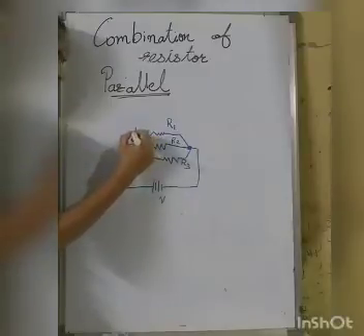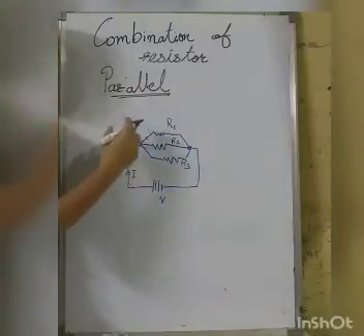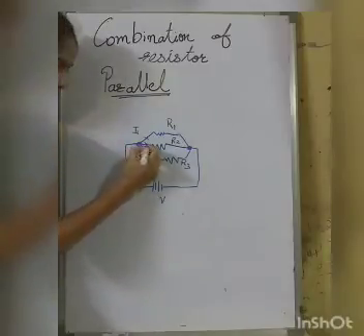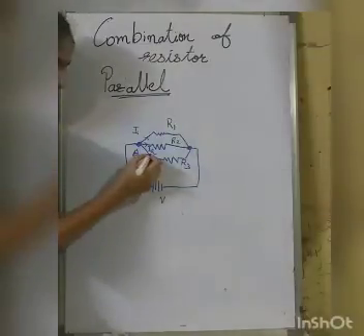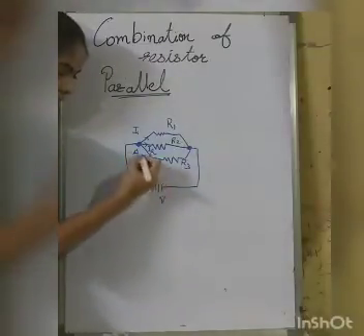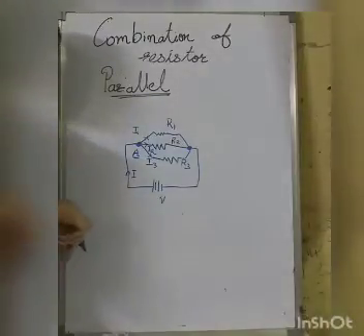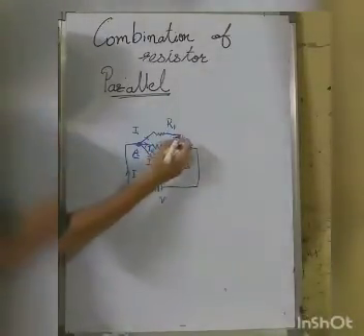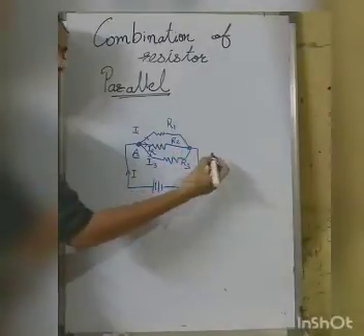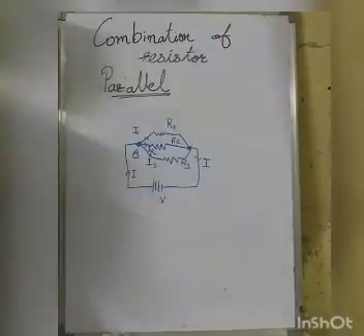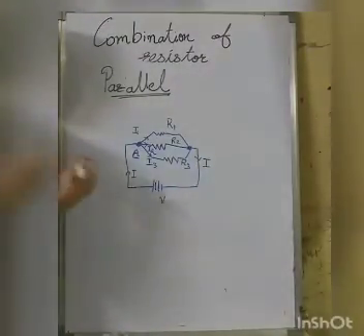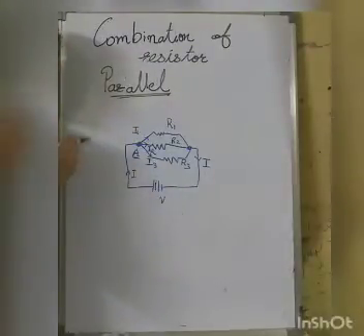So current I1 will flow through R1, I2 current will flow across R2 and I3 current will flow across R3, and after coming out, these three currents will get added up and come together again, and the total current I you will get, and it will flow through your circuit. This I told you in your earlier lecture also. I am just revising this topic once again.